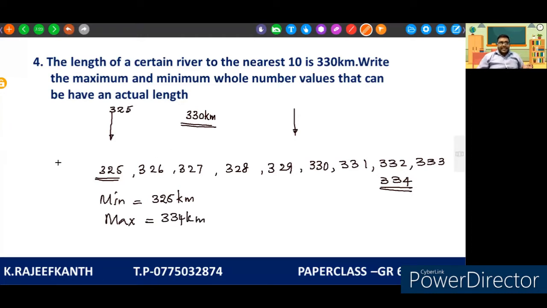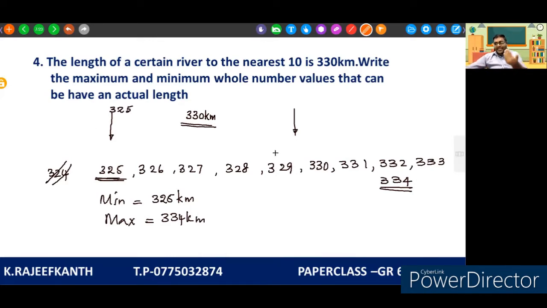Because if it is 324, and we round it to the nearest 10, we will write 320. From 325, when rounding off to the nearest 10, we can write 330. So 325 is the least value. Then 332, 333, up to 334 we can write.